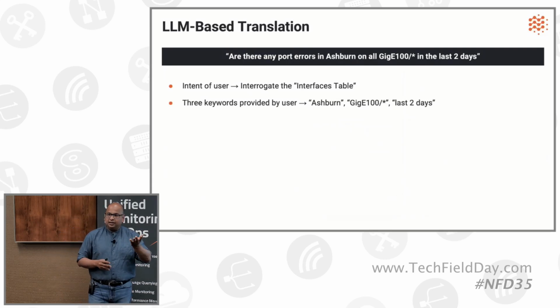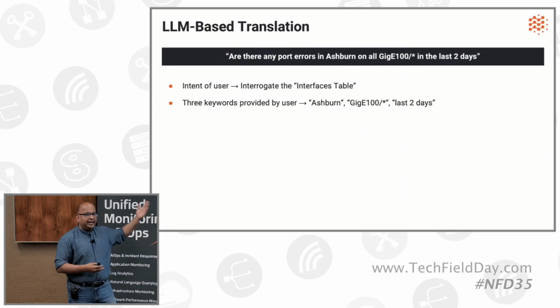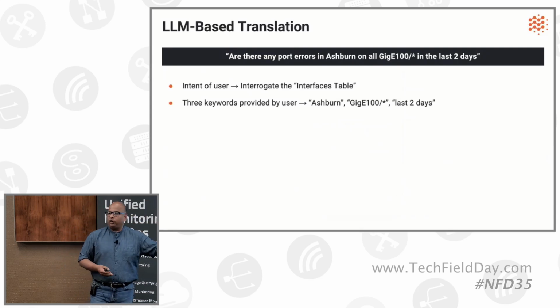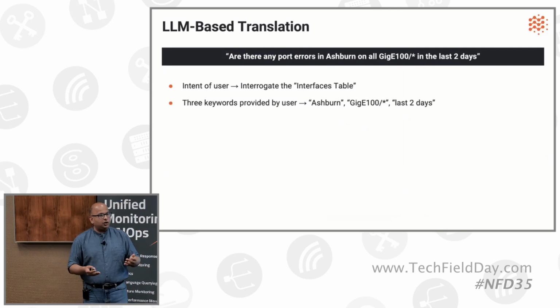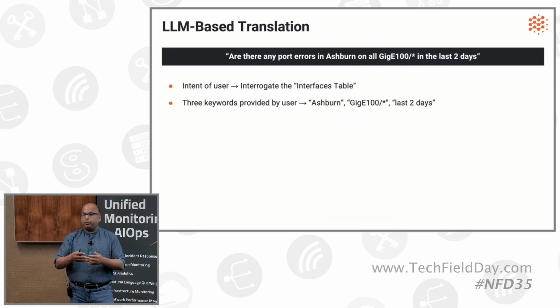That user intent is hidden in there. You and I, as humans, can clearly see we need to query the port error table, but the LLM needs to infer what table to go after. It might not be a single table. It could be multiple tables because the intent might spread across multiple tables. So its first job is to figure out what underlying tables it needs to query.